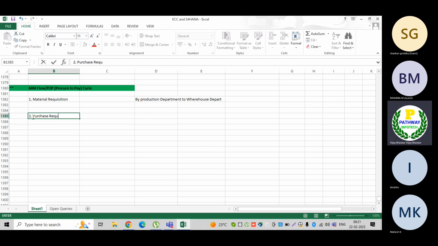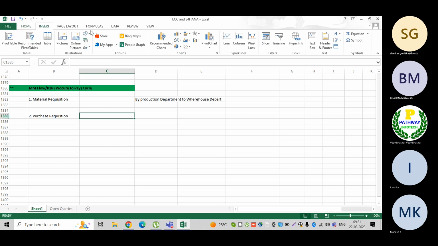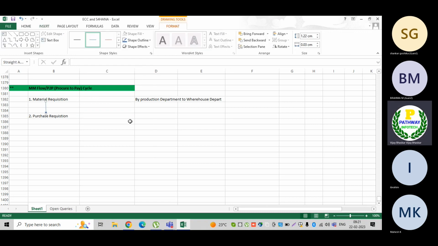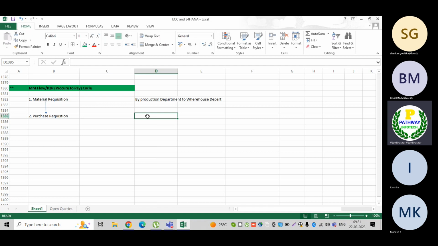Purchase requisition. This process you need to explain. Who will raise the purchase requisition? By stores, or warehouse, whatever it may be.